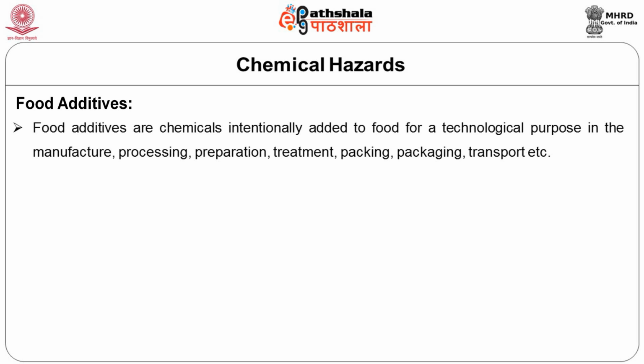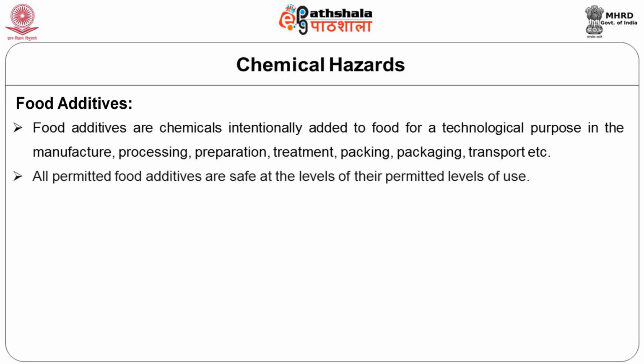They are specific to food, and the quantity to be used is fixed for the specific technological function. All permitted food additives are safe at the levels of their permitted use. However, it is the misuse, that is use of unpermitted additives or use of permitted additives beyond their permitted quantities, that creates the food safety concerns. Otherwise, there is not much concern with food additives.